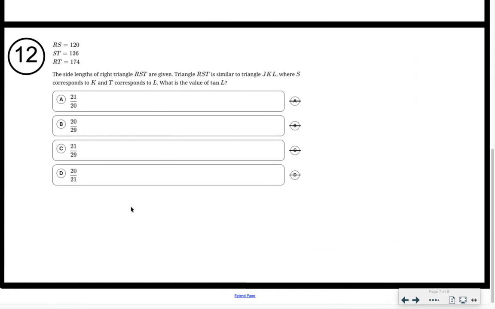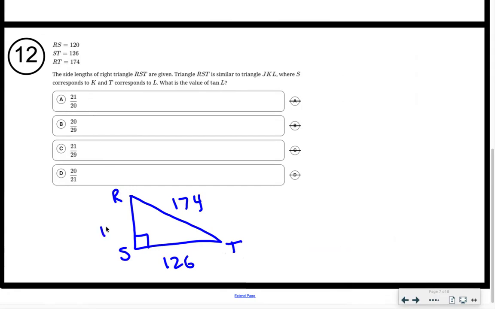So that's the RST triangle. Sometimes they tell you which angle is the right angle, or we just have to make it so that the hypotenuse is the longest. That is important. So it must be RST like this, or the other way, but RT has to be the longest side. So then ST is 126 and RS is 120.